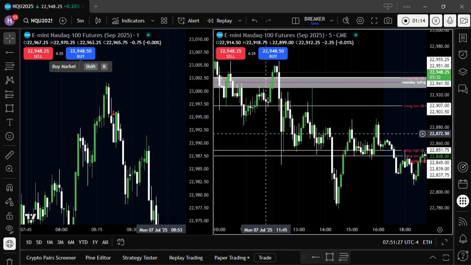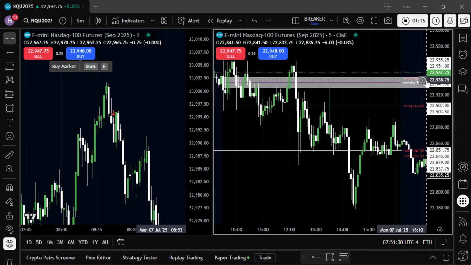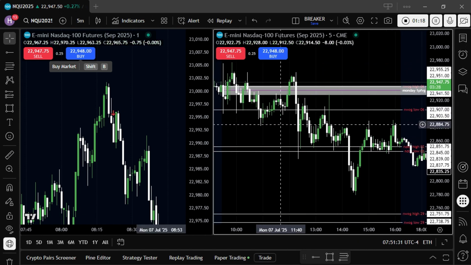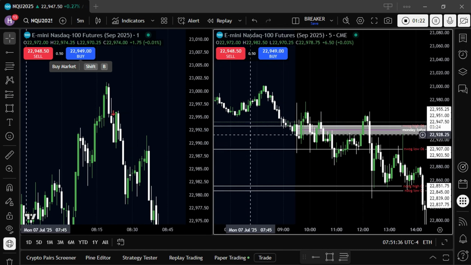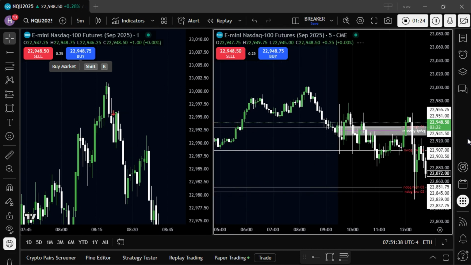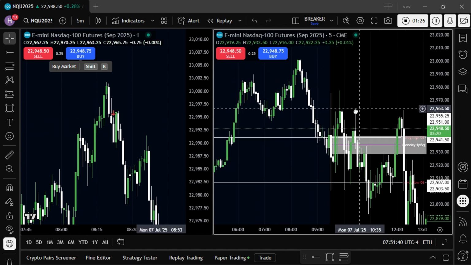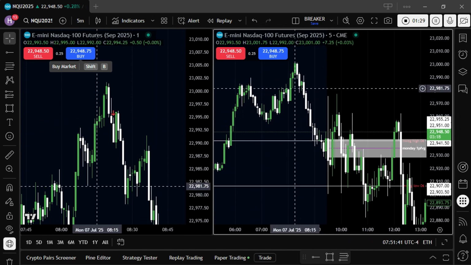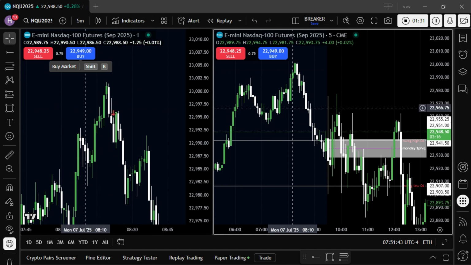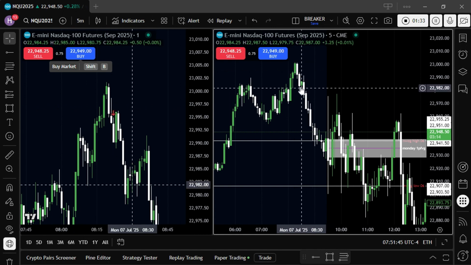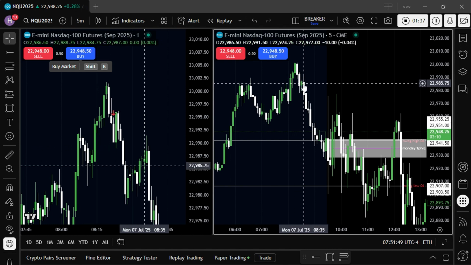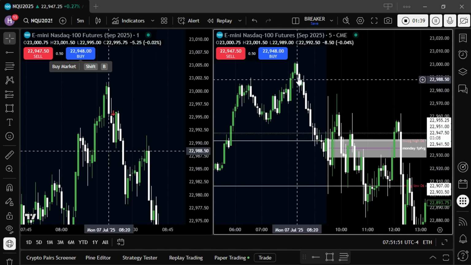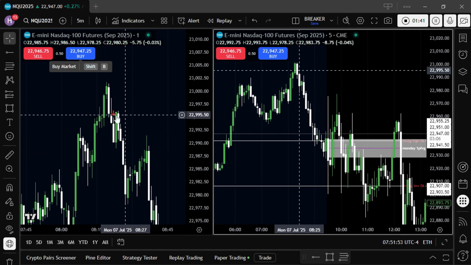Here you see me looking for it on the right hand side, but it's on the left hand side. I haven't outlined it yet. And then you'll see in a little bit how price goes to my target at the right time.